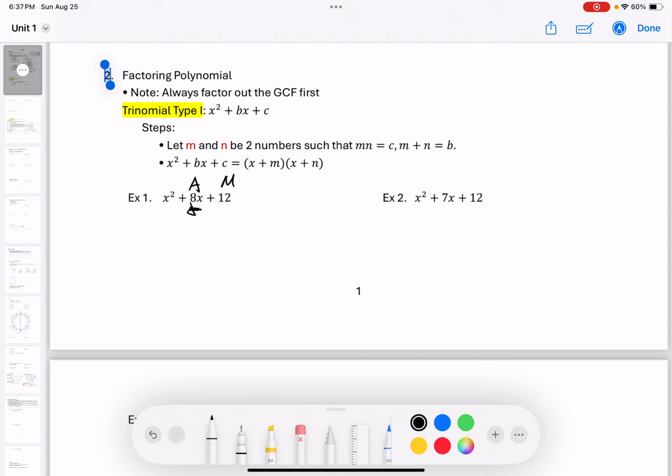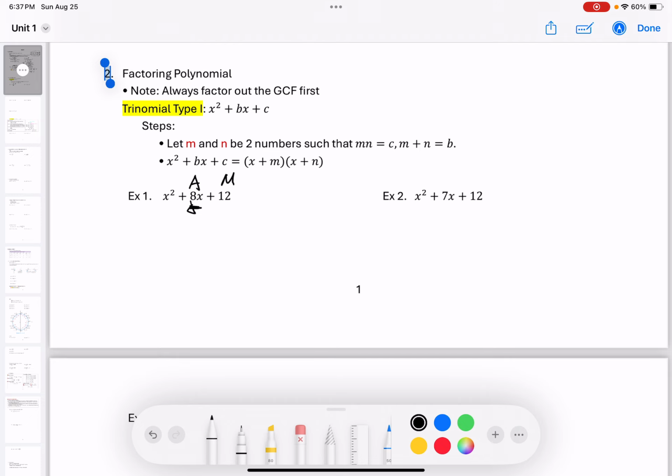M means multiplication. Let's pull out the last term 12. Find two factors: multiplication makes 12, addition makes 8. I can choose 2 times 6, addition is 8. Yes, so I got the right one.